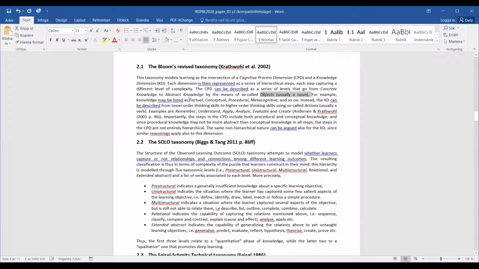In the original you have factual knowledge, conceptual knowledge, procedural knowledge, and metacognitive. Metacognitive is a kind of knowledge where you reach a higher level, where you see the whole; it's much higher than the other three.